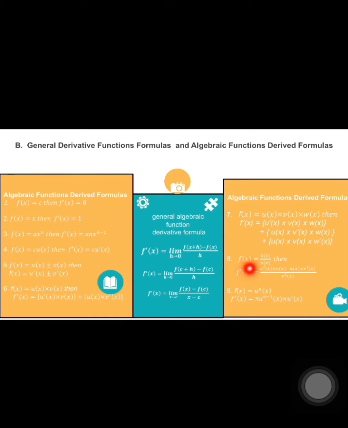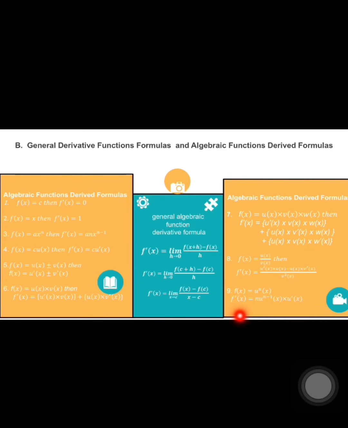If f of x equal u of x over v of x, f prime x is u prime x times v of x minus u of x times v prime x over v squared of x. 9.